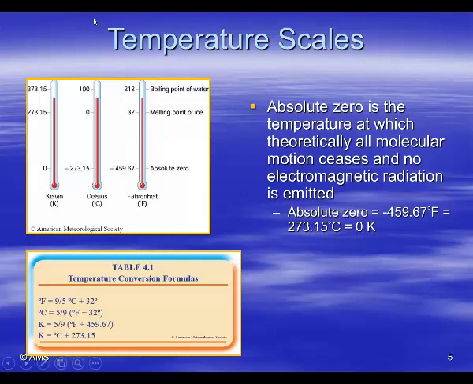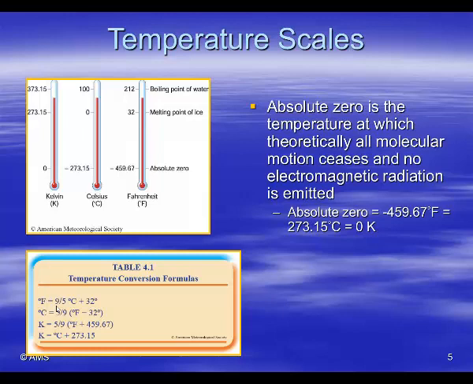So for instance, if we knew what degrees Celsius were, let's say it's 20 degrees Celsius, that's 20 divided by 5 is 4, times 9 is 36, so we get about 68 degrees. So 20 degrees Celsius is about room temperature, about 68 degrees.